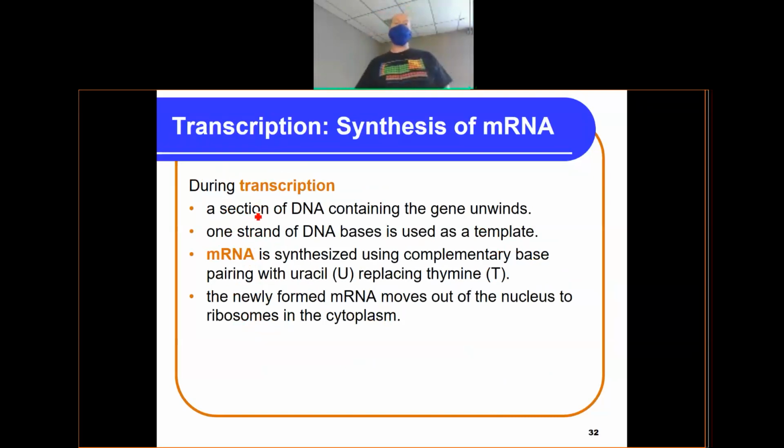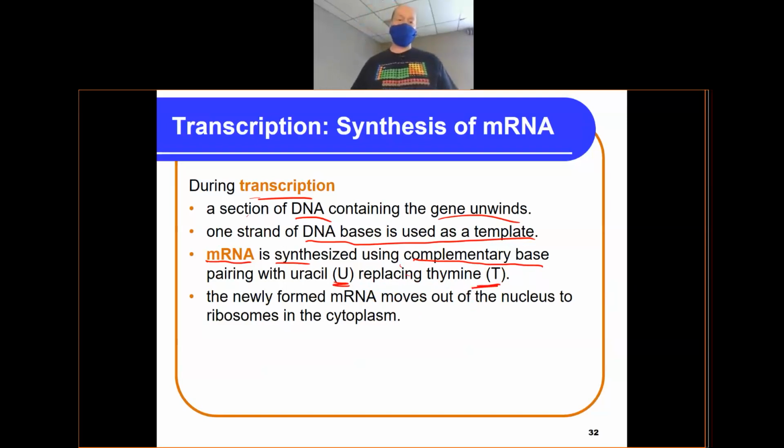All right, so in transcription, you're going to have some DNA that's going to unwind, and you're going to use that DNA as a template. The messenger RNA is then synthesized using complementary base pairing. Remember, uracil is in RNA, not in DNA, and thymine is in DNA, not in RNA.